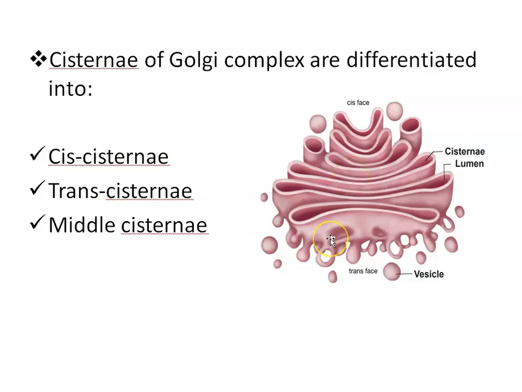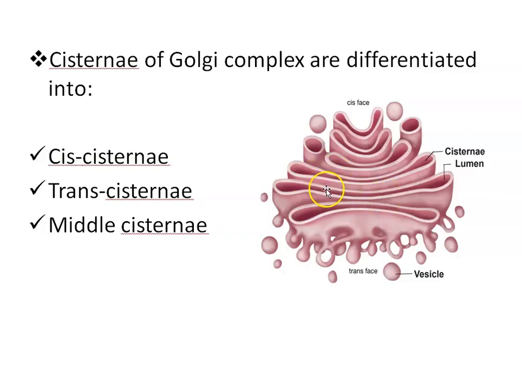Then trans cisternae, this phase is the concave or mature surface of the Golgi complex. From it arise secretory vesicles. These are vesicles which carry the modified or mature proteins. They consist of an interconnected network called trans-Golgi network (TGN). They are the site of protein glycosylation.